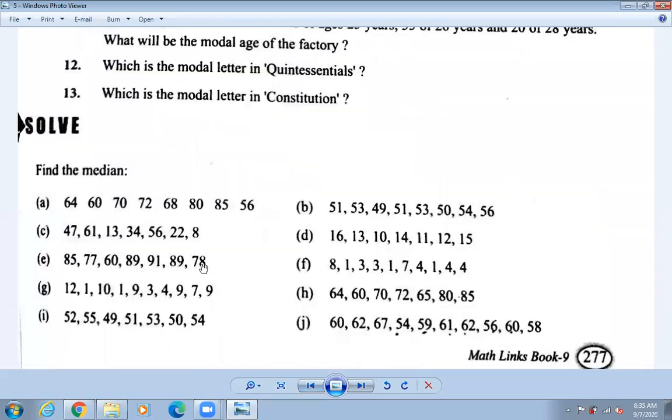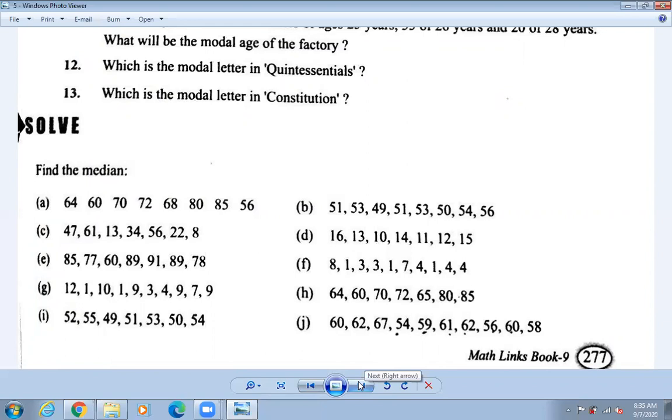Okay, so now let's start with number A: 64, 60, 70, 72, 68, 80, 85, and 56. Here one thing you remember, what you did in class 8.